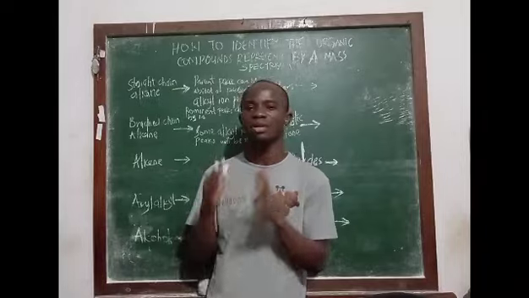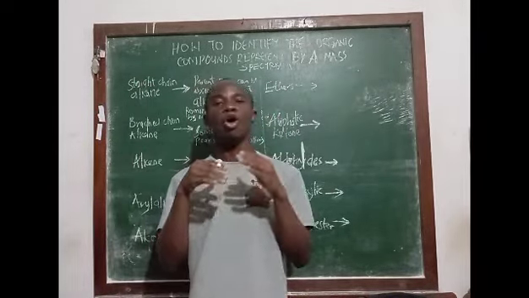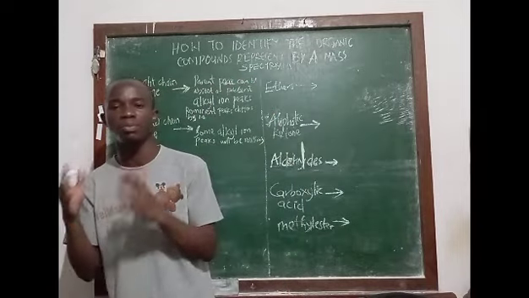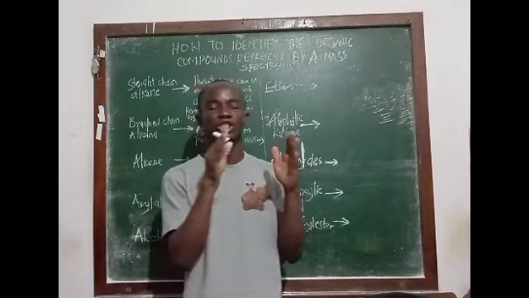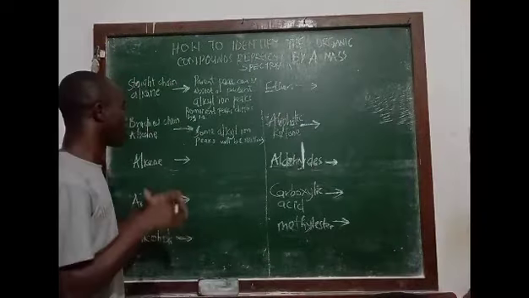So that implies that a branched chain alkane would have a very low tendency of giving us the parent peak compared to a straight chain alkane. So please take note of that.